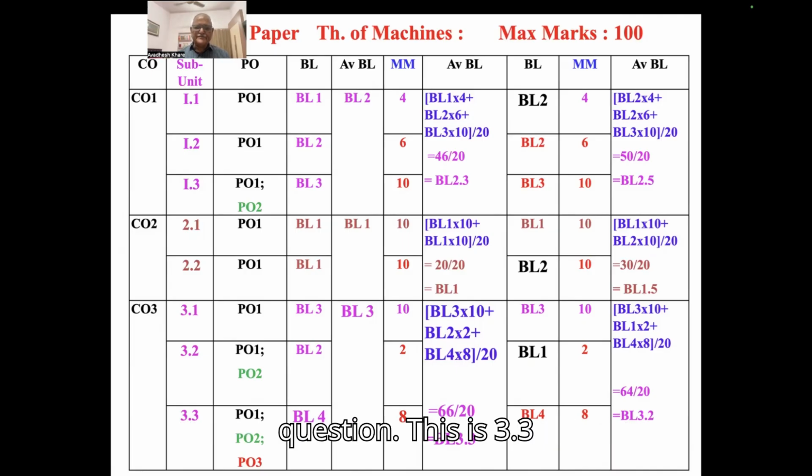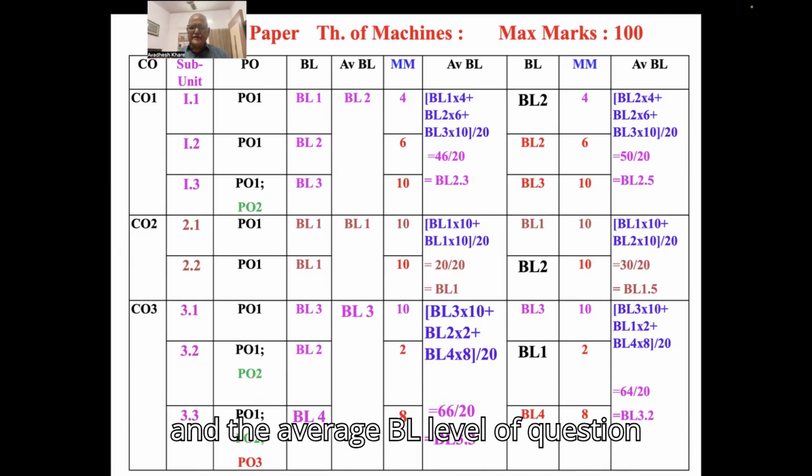This is 3.3. And if one of these questions is made easier, question 3.2, then the BL levels will be 3, BL1, and BL4.